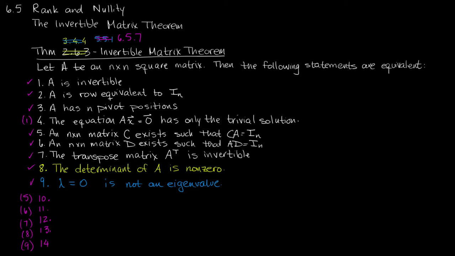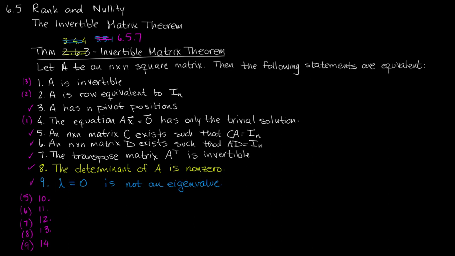If I know that, then I also know that A is row equivalent to the identity matrix. So I also know this one here, and that's my old number 2. It's also my new number 2. A is non-singular, that means it's invertible. That's my old number 1, but my new number 3.